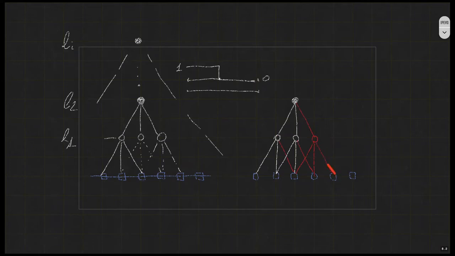So compare the expected field of view of this neuron and the masked out field of view of the same neuron.